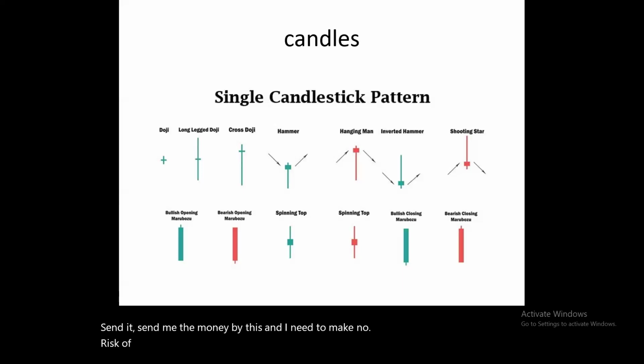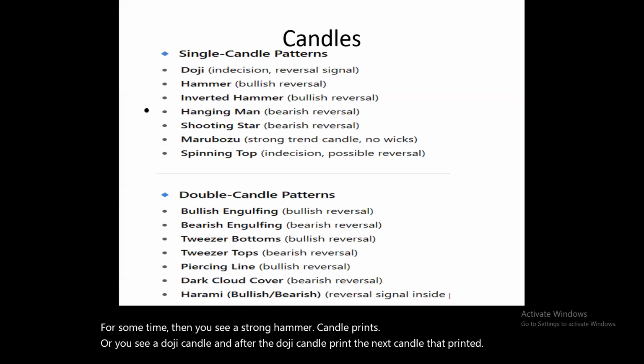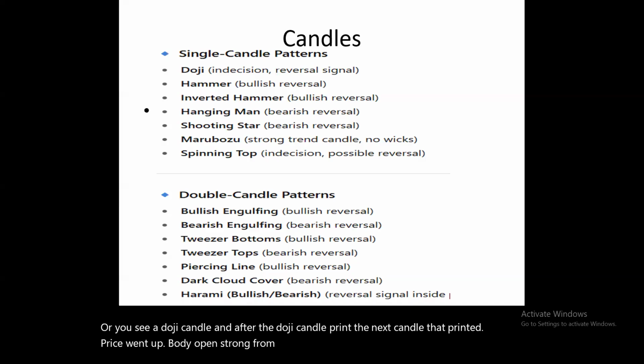No, so the hammer itself is a reversal. Let's say the market has been selling for some time, then you see a strong hammer candle print, or you see a doji candle, and after the doji the next candle opens strong from down, price goes up and then is rejected, comes down and leaves a downside body.